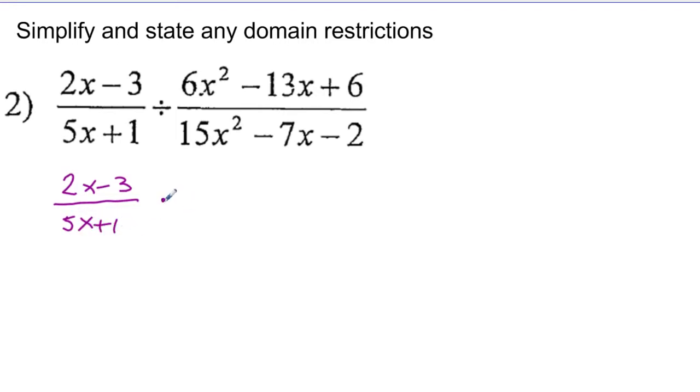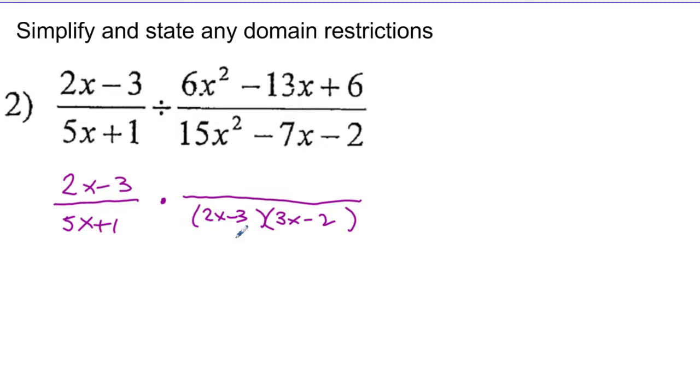Now I would like this to be a multiplication problem. So when I factor the numerator here, it's actually going to show up in the denominator of my multiplication problem. If you go through and do all the factoring methods that you know, you can do your AC factoring on this, and if you do it correctly, you should get 2x minus 3 and 3x minus 2.